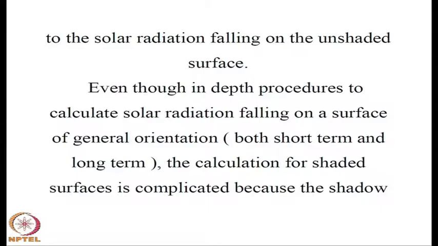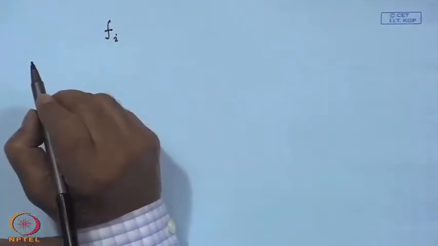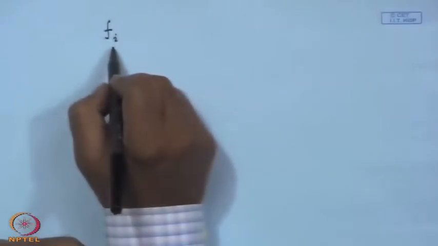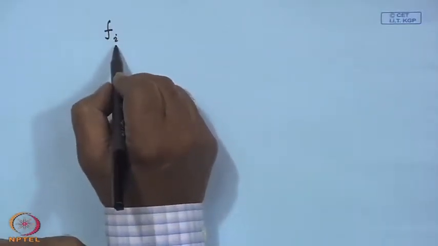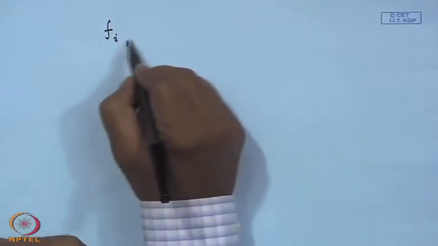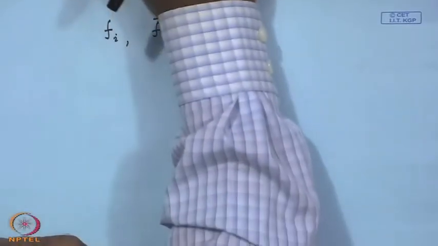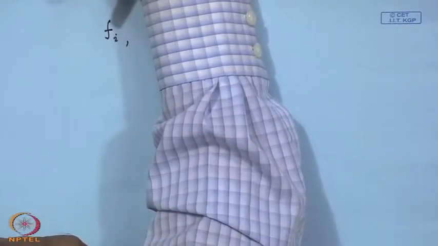So, now you can have that shading factor, just to distinguish it from our solar load fraction, and this I stands for illuminated area. It can be short term like an hour or long term over a period of 1 month or a day.